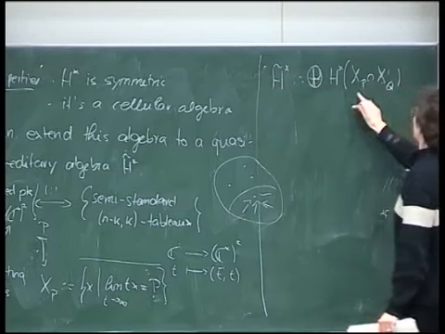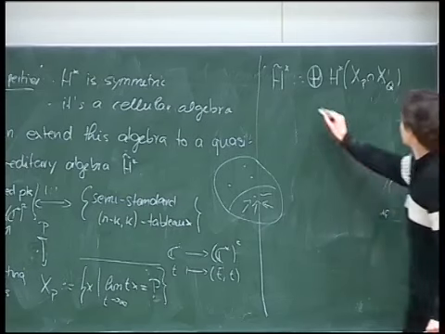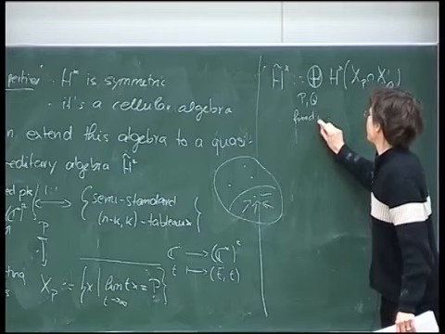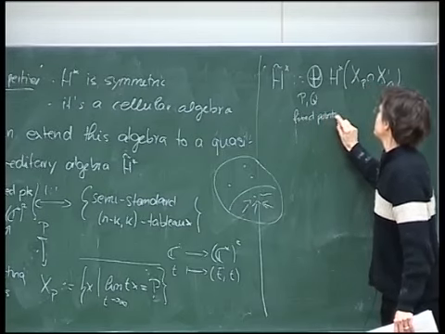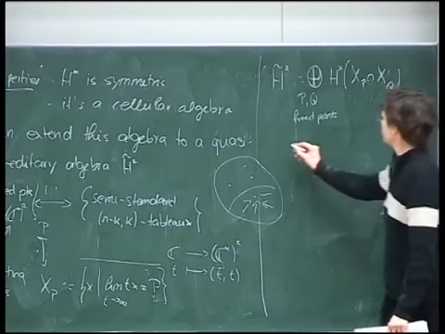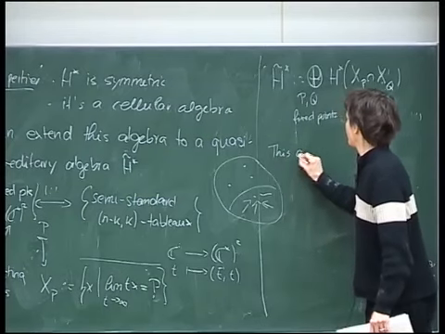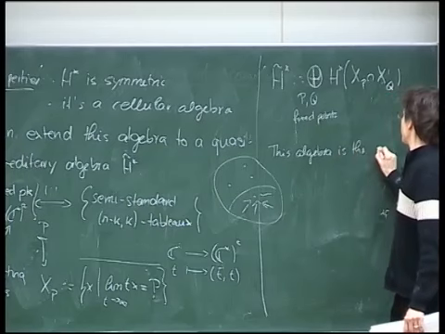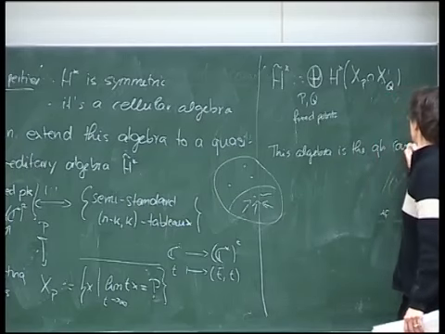So I take pairwise intersections of these attracting sets, where P and Q run through fixed points. Again, ordered tuples. And then the statement is that this algebra is quasi-hereditary. So it's the quasi-hereditary cover of the other one.